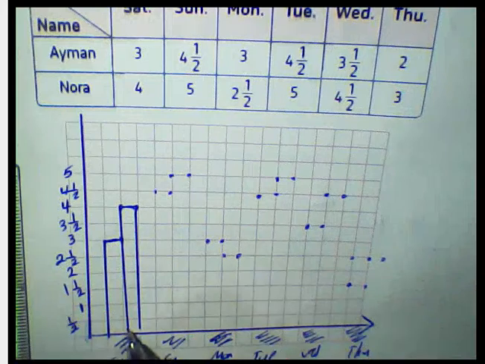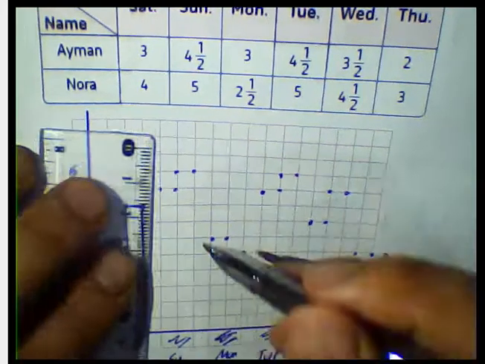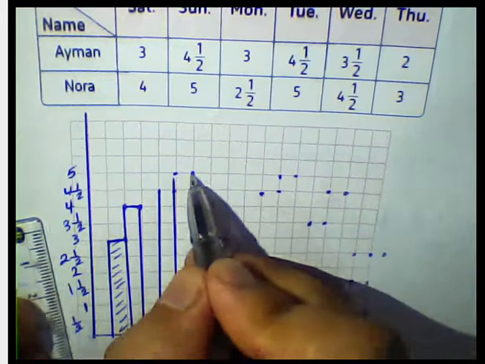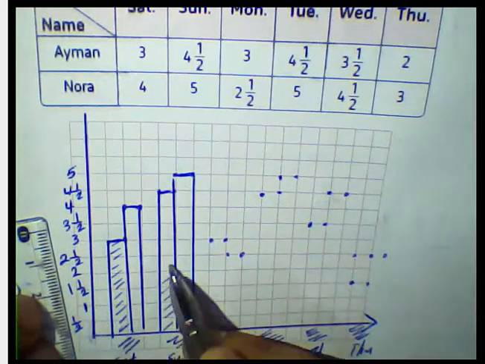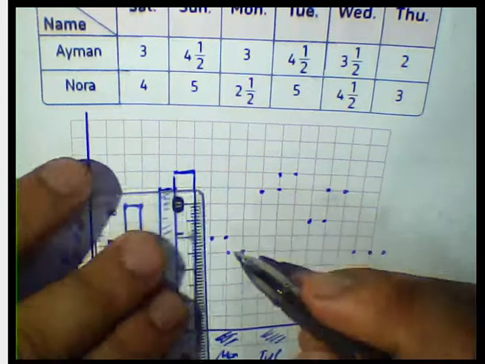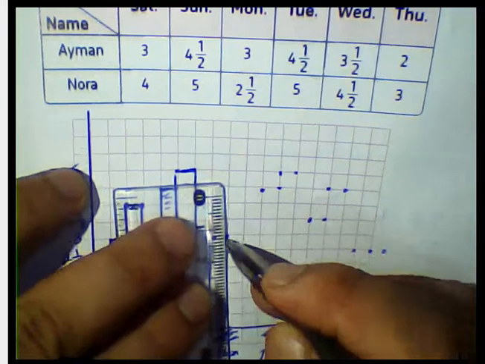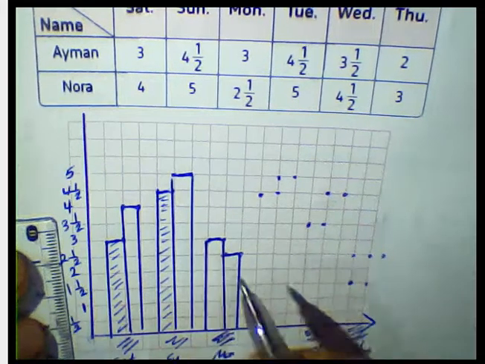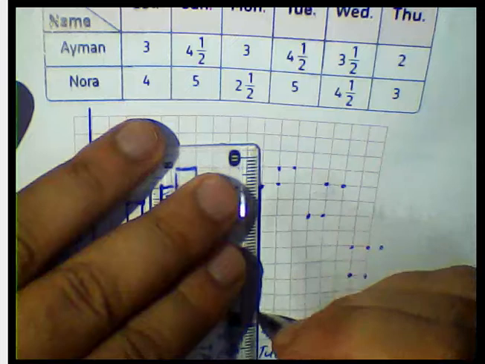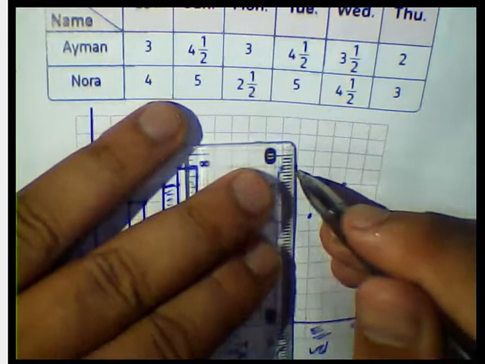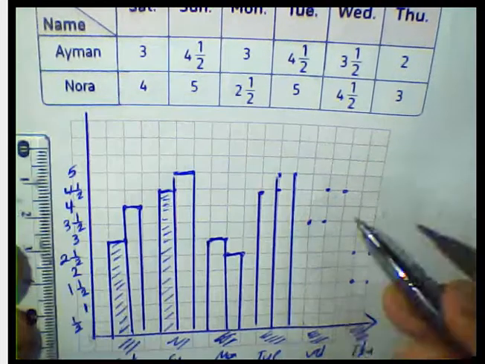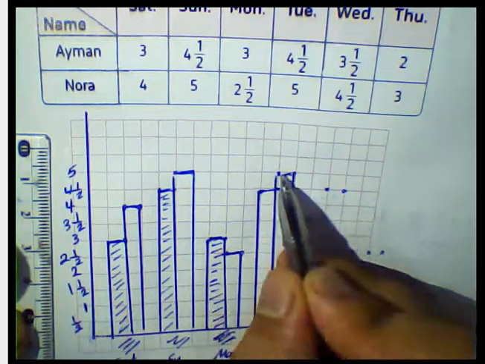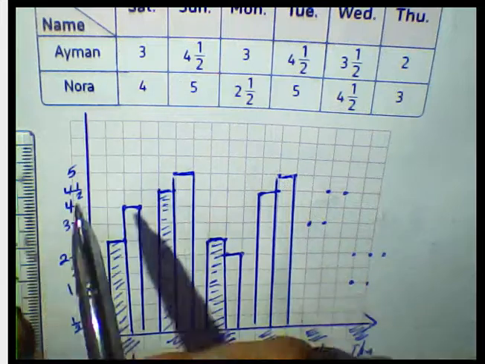And close it, and we can color the first. Here we can draw with a ruler and color the first. The first refers to Ayman, okay, Ayman and Nora.